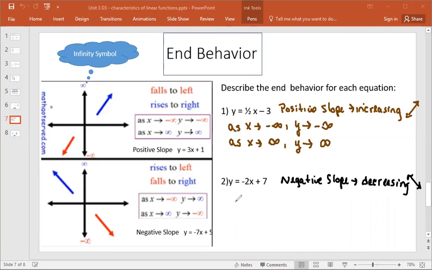So when I describe end behavior, it's what's in this box. As x approaches negative infinity, y approaches positive infinity. As x approaches positive infinity, y approaches negative infinity. Okay, so the infinities mean which direction is it headed.